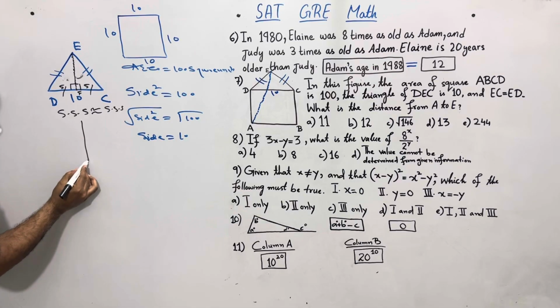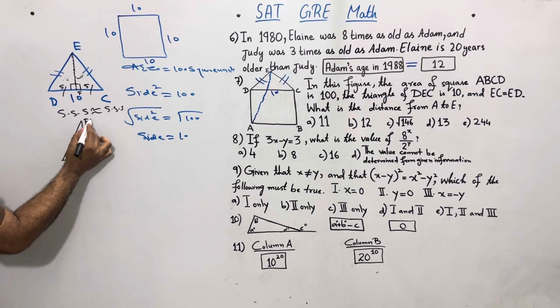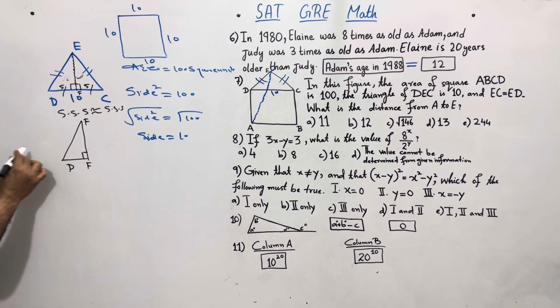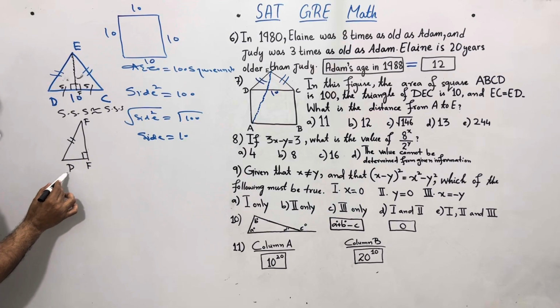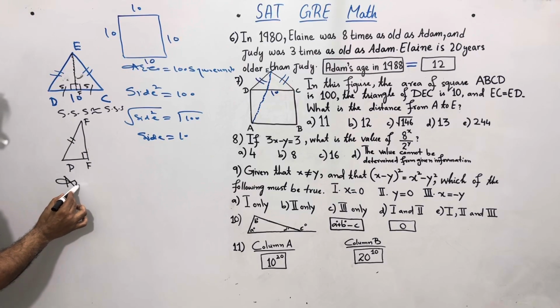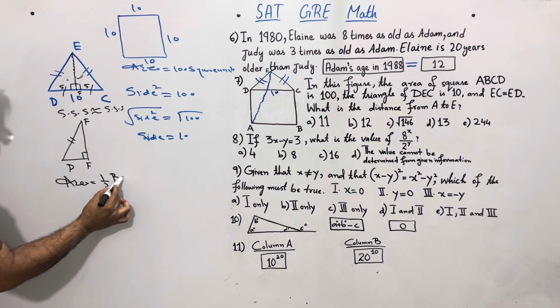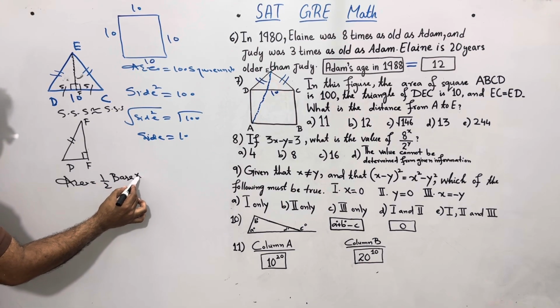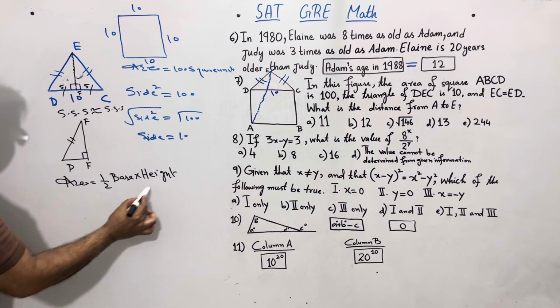Taking any one portion from this, let me take D, F and E. It's a right triangle. We can find its area as one half base times height.